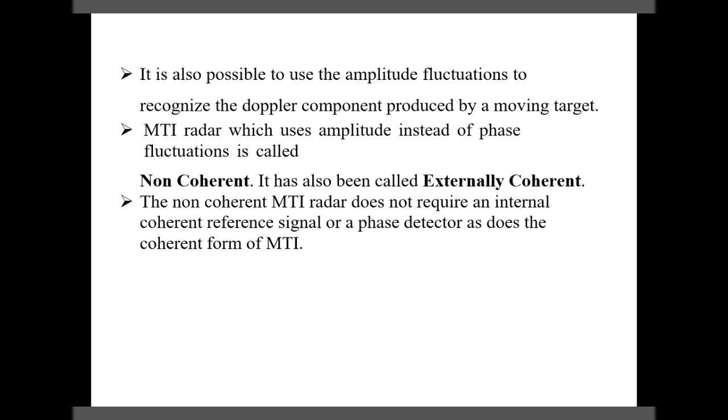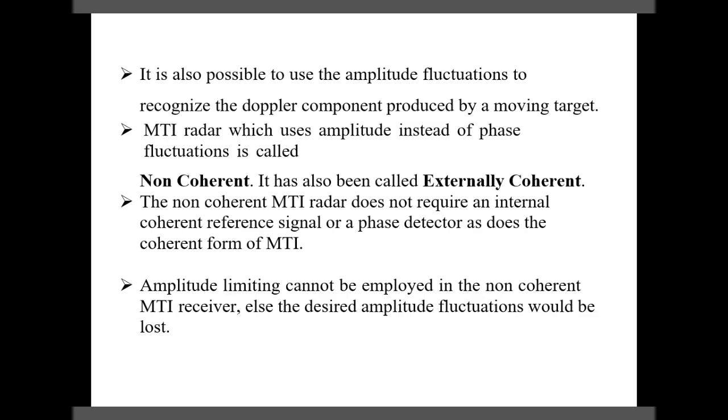The non-coherent MTI radar does not require an internal coherent reference signal or a phase detector, as does the coherent form of MTI. Amplitude limiting cannot be employed in the non-coherent MTI receiver. Hence, the desired amplitude fluctuations would be lost. So, an amplitude limiter is not used over here.